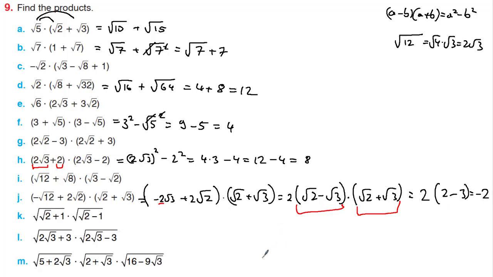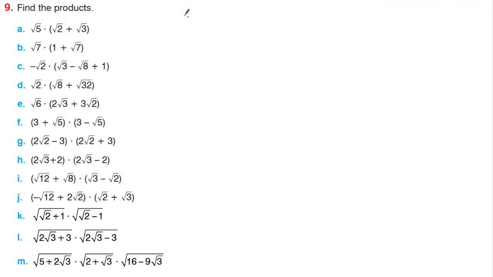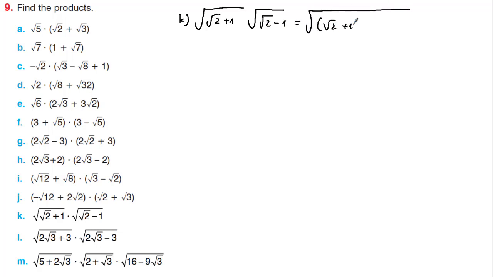Alright, let's clear this sheet and continue with K, L, and N because it will require a little more space. So under K, we get square root of 2 plus 1, square root of 2 minus 1.